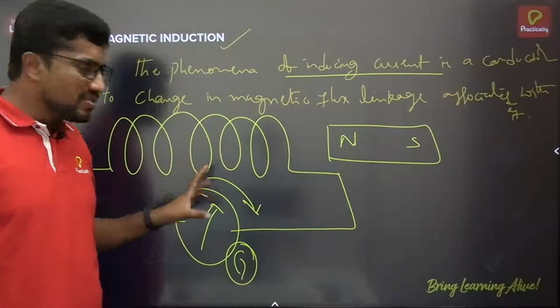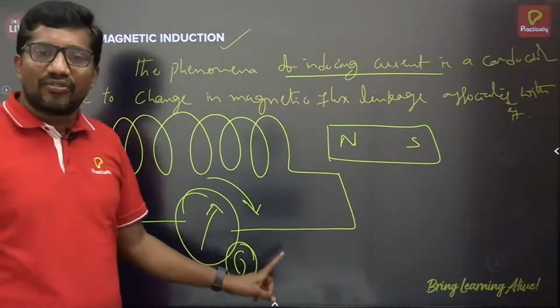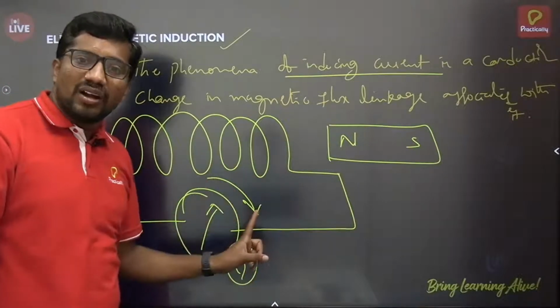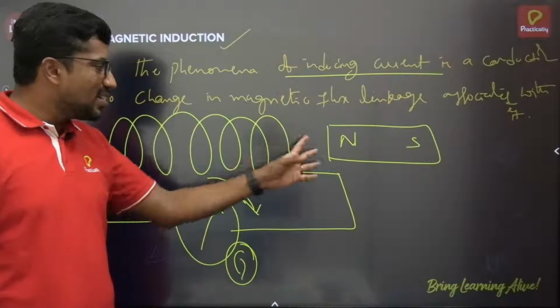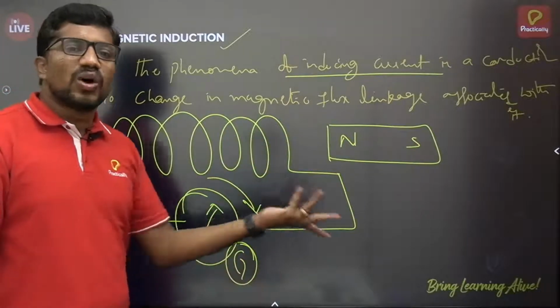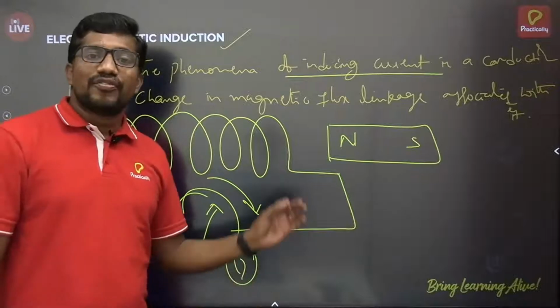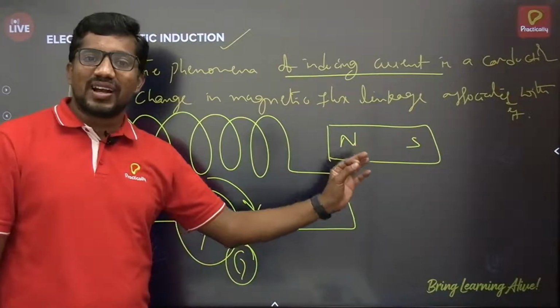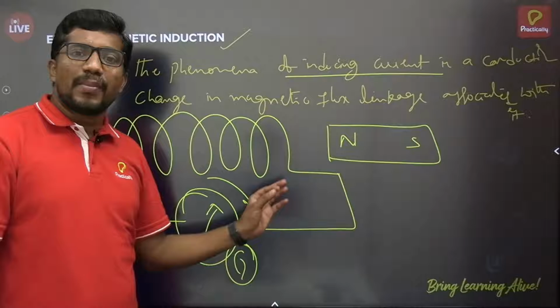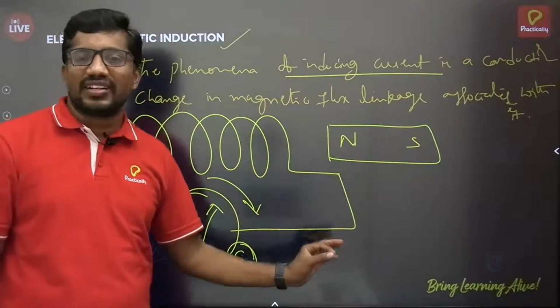Then this galvanometer has shown the deflection. So it means current is induced in the coil. This is what we call electromagnetic induction: the phenomenon of inducing current in the conductor due to changing the magnetic flux linkage associated with it.